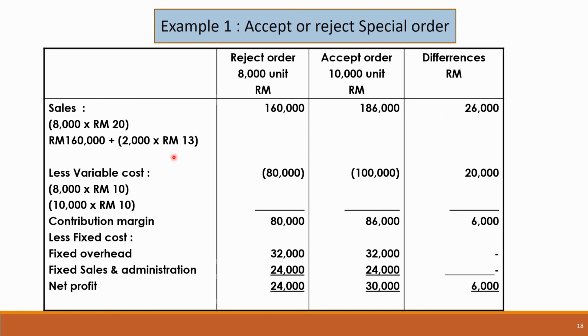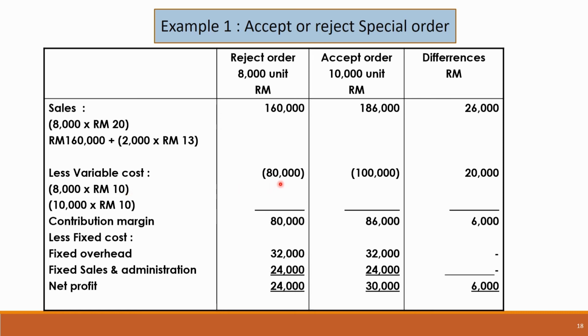After calculating sales, we have to deduct variable cost. Variable cost represents direct material, direct labor, and variable overhead. So the amount is 8,000 units for the original units times RM10. RM10 represents direct material, direct labor per unit, and variable cost per unit. So you have to look at the question, and you get the answer 80,000.